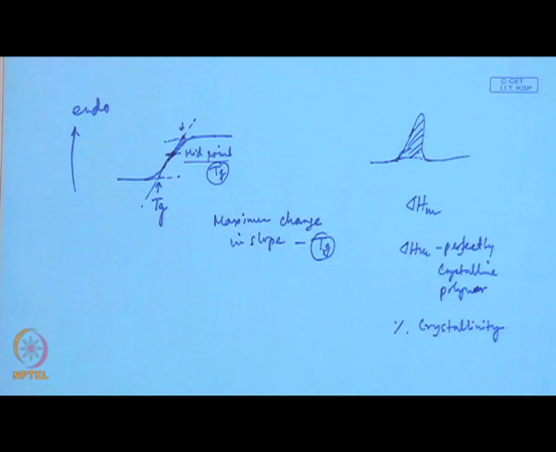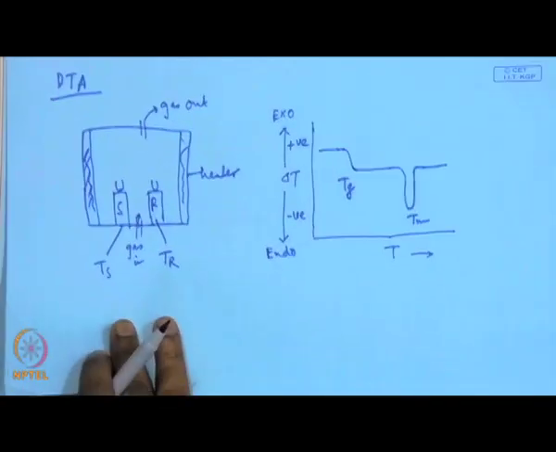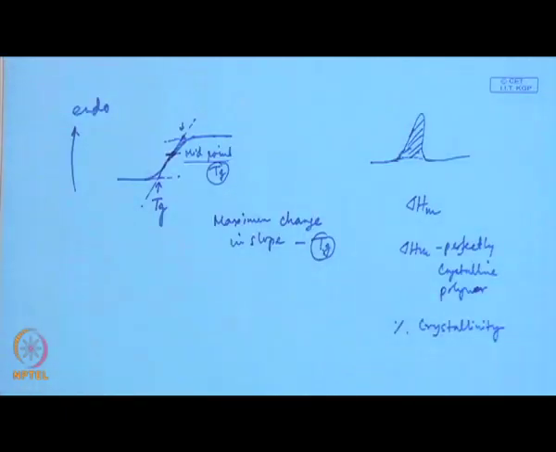So, this is how we can apply DSC and DTA to find out the Tg and Tm of a polymer material.